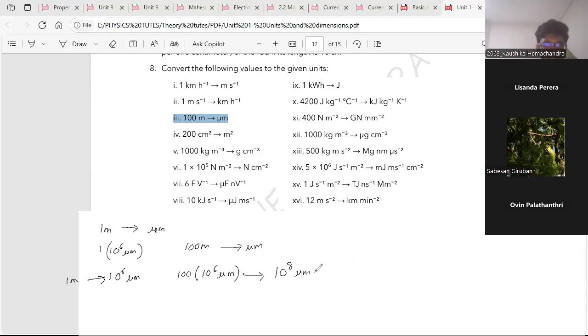Now convert this same value to meters. 10 to the power 8 micrometers to meters කරන්න.